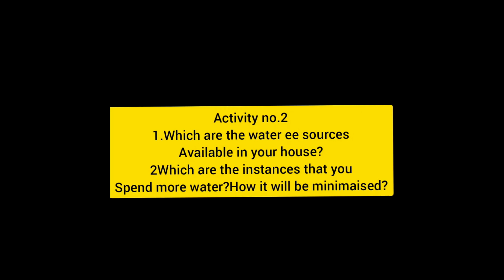And the second question, which are the instances that you spend more water? How will it be minimized? For the first question, it may be a well, it may be a pond, or it may be a water connection, whatever it may be.